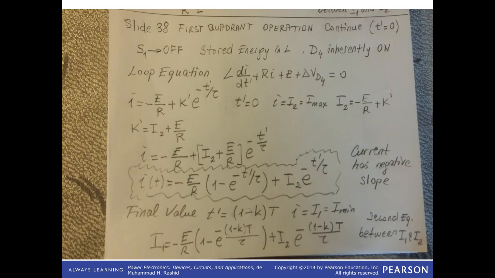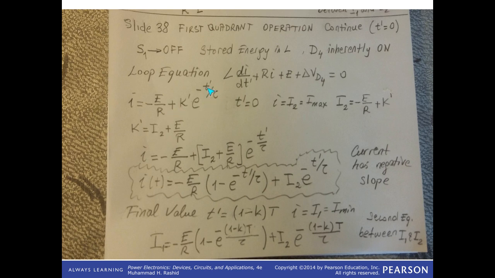S1 off, stored energy in inductance and D4 inherently on. The loop equation, which I have already written, L di/dt prime. I assume that starting point is equal 0. That's why, in order to employ the differential equation, the solution is this, which I have already derived. Sorry, if you can't see the cursor, urge me please. I is equal minus E over R plus K e to the power minus t prime over tau.